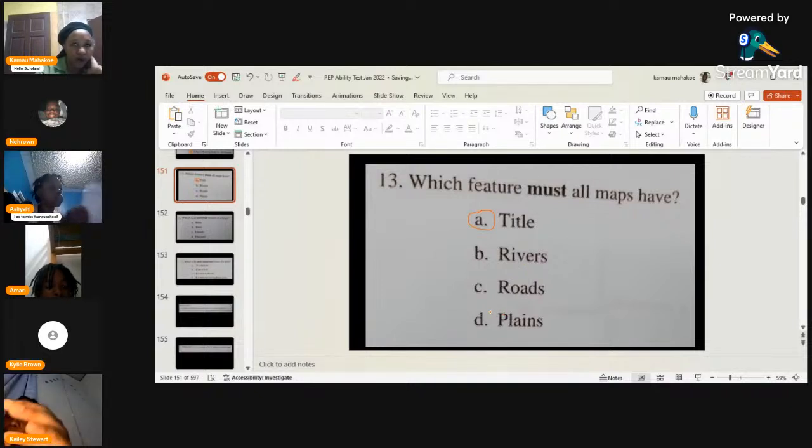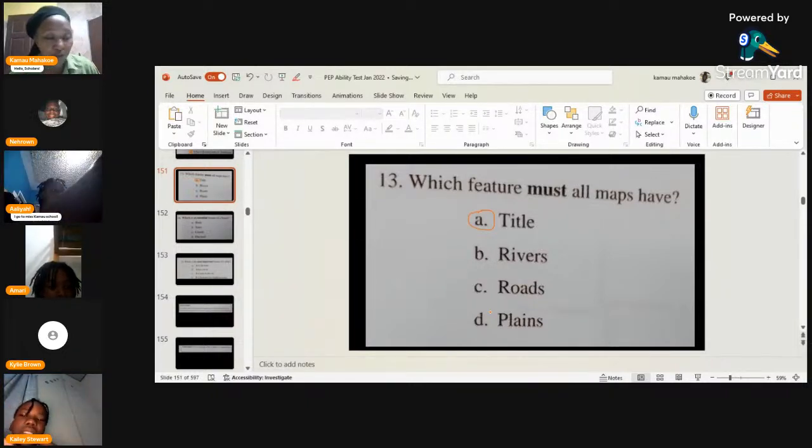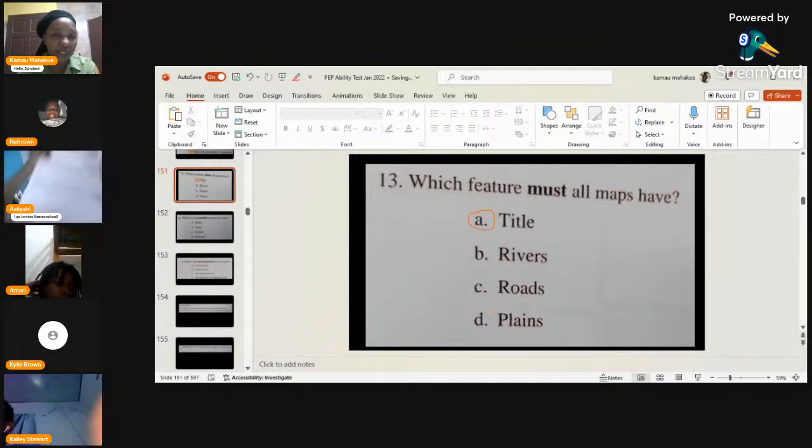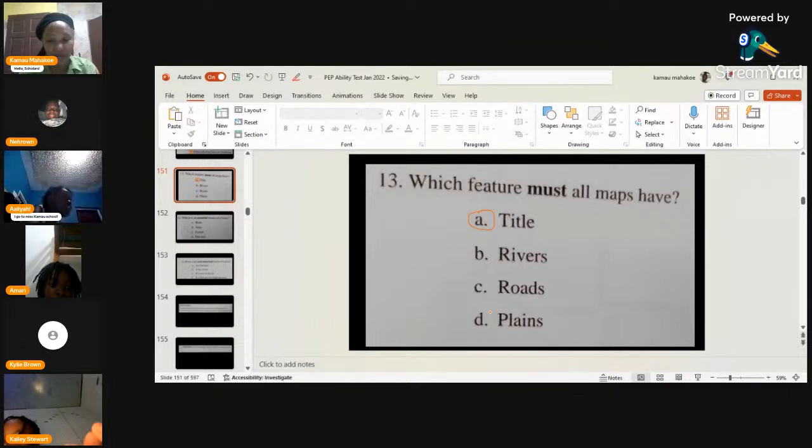Those will come on the relief map or the physical map, right? A physical map shows you the relief of the land, the landforms, the rivers, the plains, the mountains, the plateaus, all of those. That's a specific type of map.